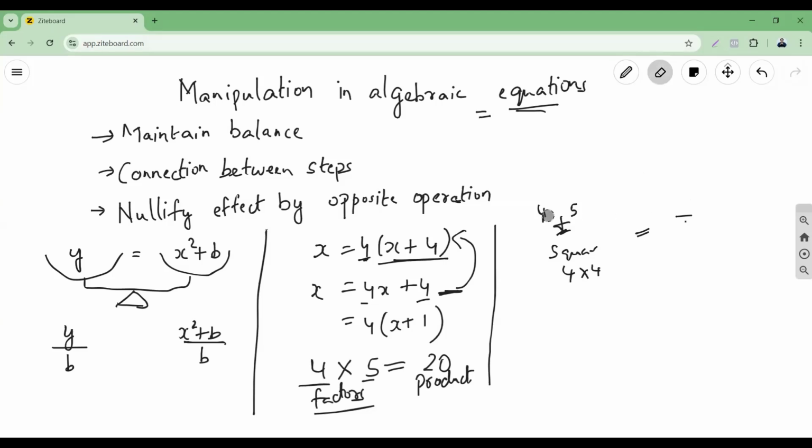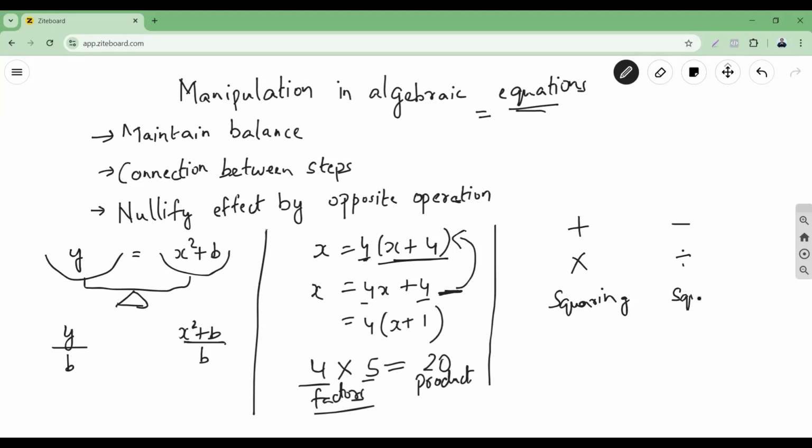Now, we have to know the opposite operations. Whenever I'm adding, how can I reverse the operation? Adding means bringing things together. What is the opposite operation, that is, the reverse operation? Subtraction. If I'm multiplying two things, what is the reverse operation? It is division. If I'm squaring something, what is the opposite operation?